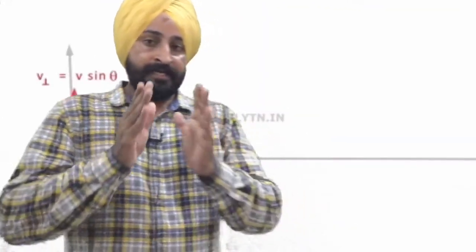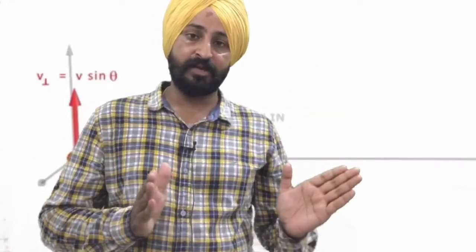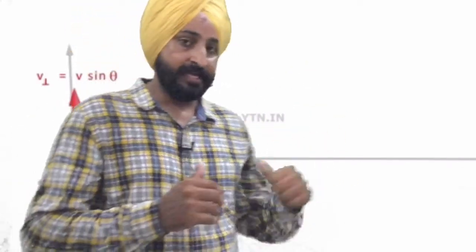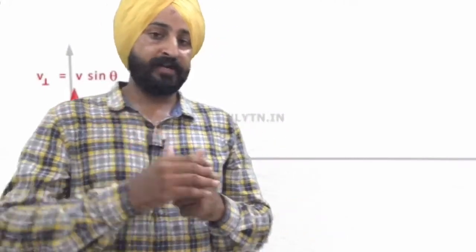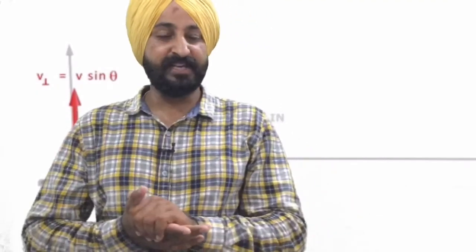As you can see in this animation, the velocity vector of this particle can be divided into two parts. One is the vertical velocity, another is the horizontal velocity. The horizontal velocity is the component v cos theta, and the vertical component is v sin theta.